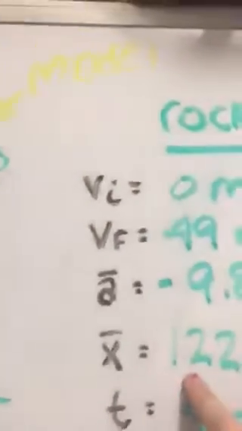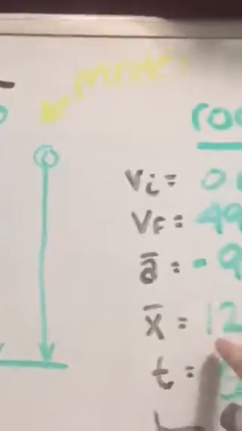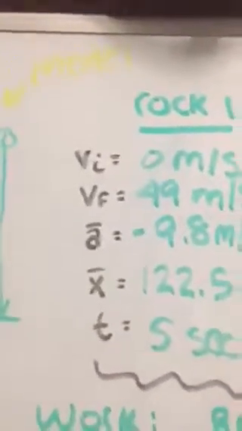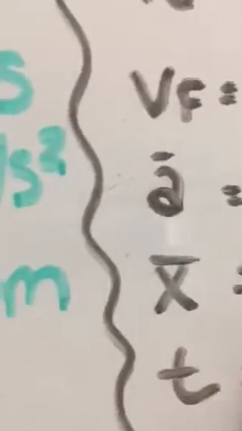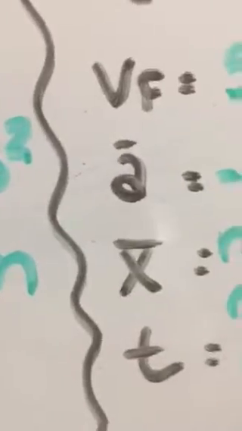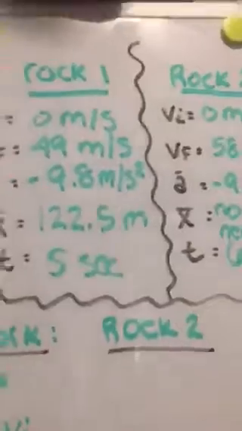So we're just going to take rock 1 and say it's 122.5 meters. That's how high the roof is. So we can just put here, not needed. So we have everything we need for both, and we already answered the question.